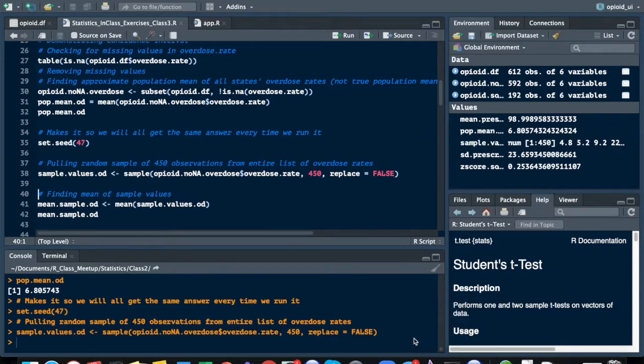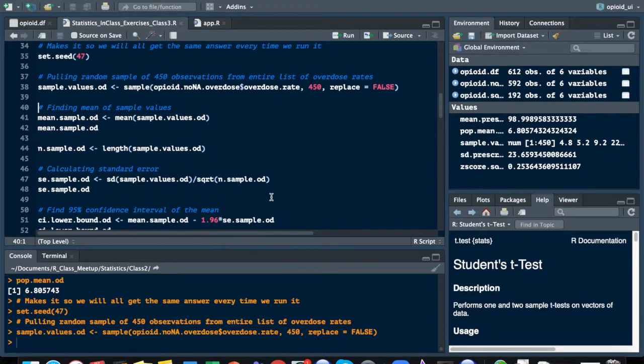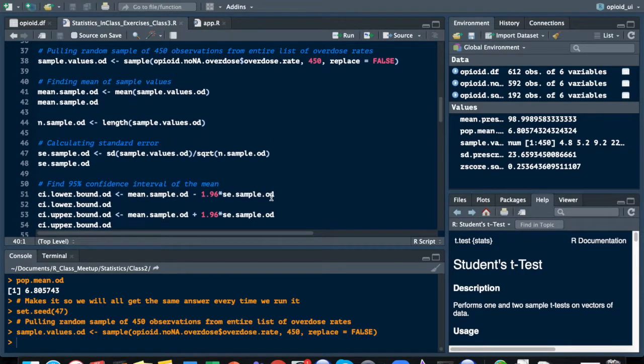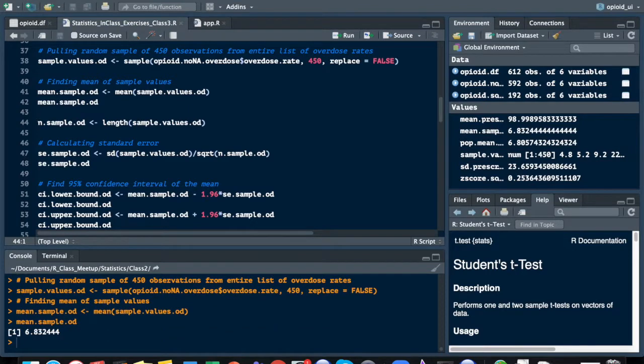In order to calculate a confidence interval, we need to know the mean and the standard deviation. So that sample mean, those 450 randomly chosen counties, the mean for those is 6.8. That usually doesn't happen, that the sample will look like the population.